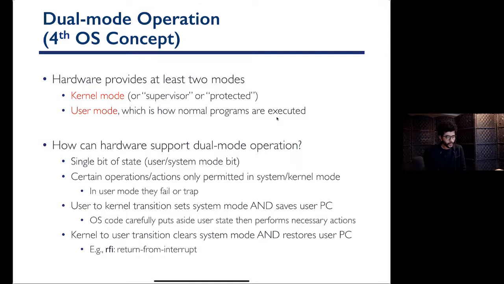Also, when you transition from one mode to another, we need the hardware to provide some support. As we will see, for example, we want to save the PC, the program counter, where it was in user mode when we switch to the supervisor or kernel mode. And there is some more stuff that we probably want the hardware to provide.